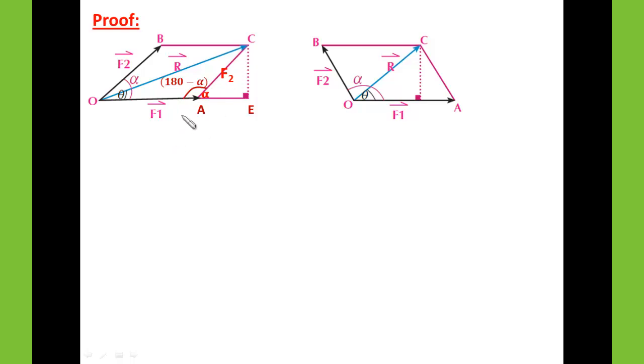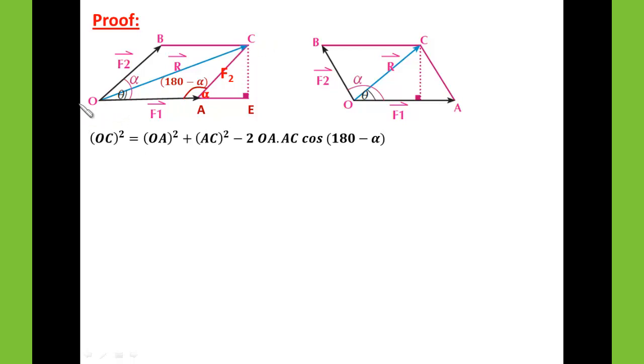Now look at the triangle OAC. We can say that OC squared equals OA squared plus AC squared minus 2 OA dot AC cosine of 180 minus alpha, according to the cosine rule.